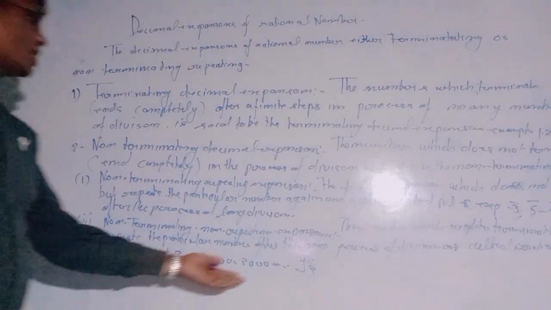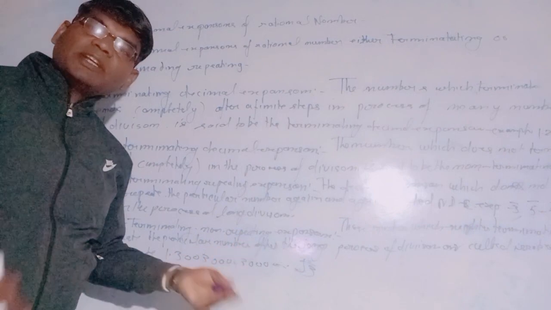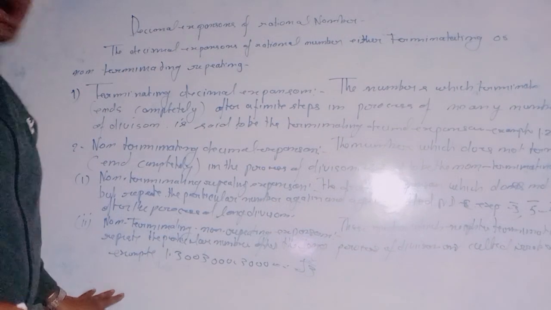So it is said to be non-terminating non-repeating decimal numbers, also said to be irrational numbers. Got it? Irrational numbers.